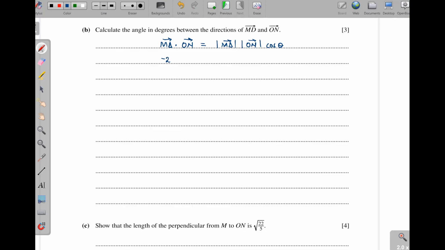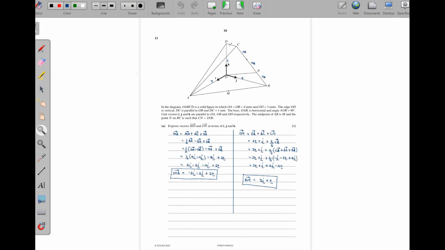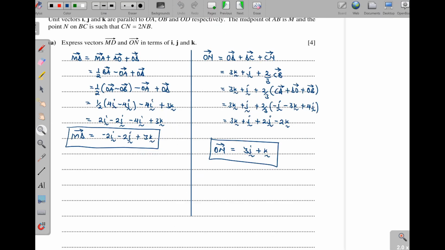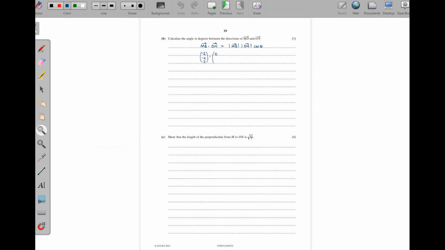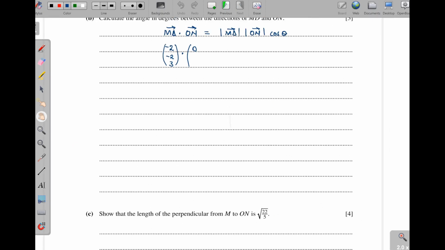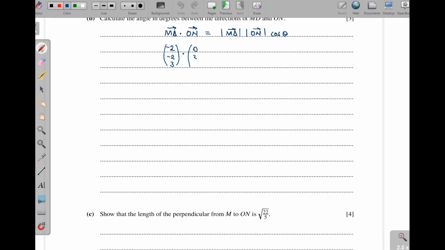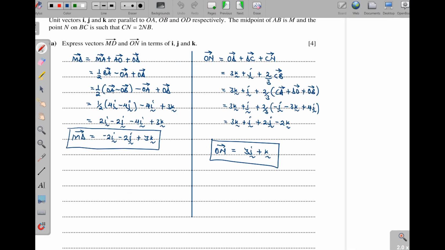MD is -2, -2, 3. Then ON, there is no I, but we have 3J and then K. So that means we shall have a 3 here and then a 1 here. Not so? But this is -2, -2, 3.